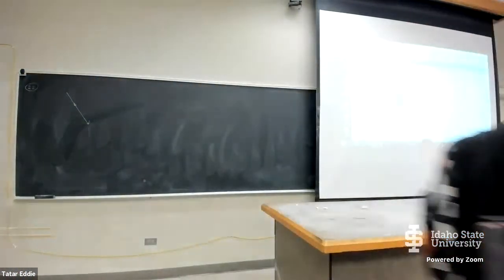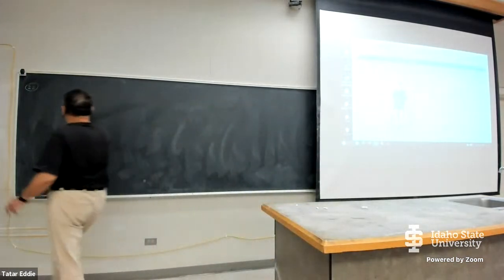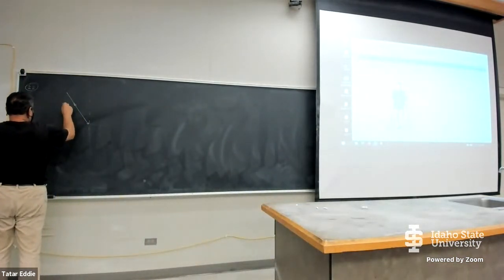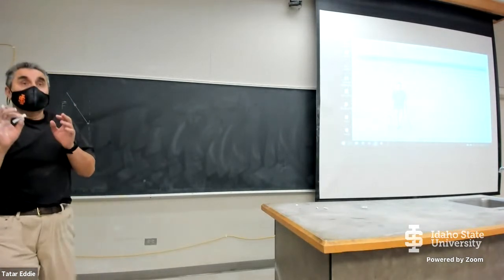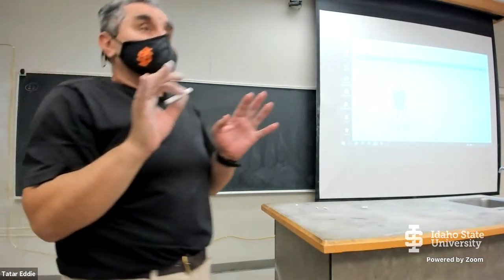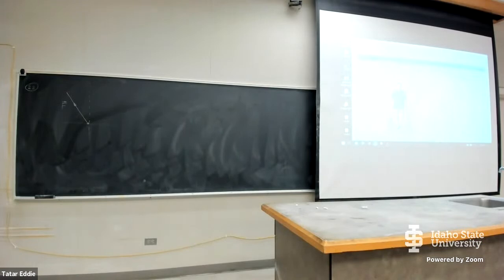Yeah, this is a force with which the ground acts on the crutch. So that force has to be along the direction of the crutch. It cannot be in any other direction. Right? And this is a force due to the contact between the crutch and the ground.